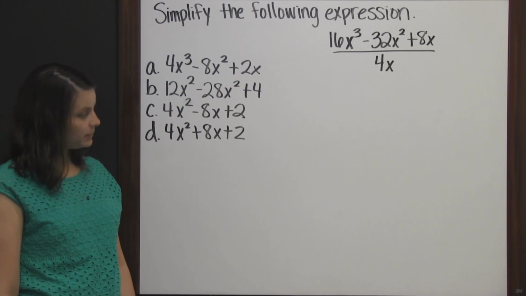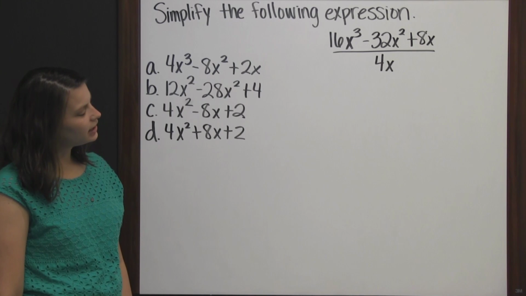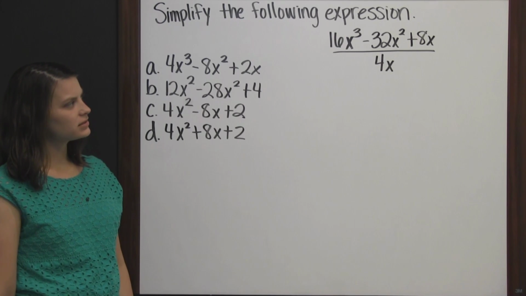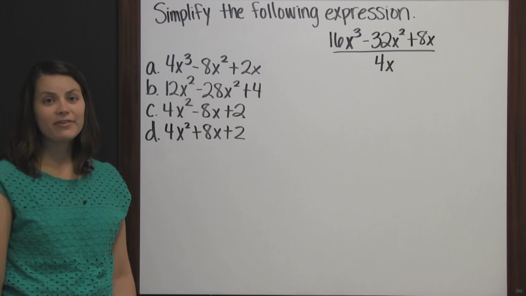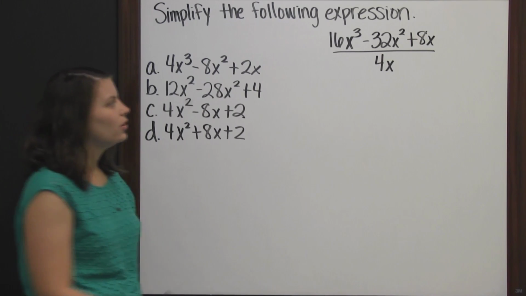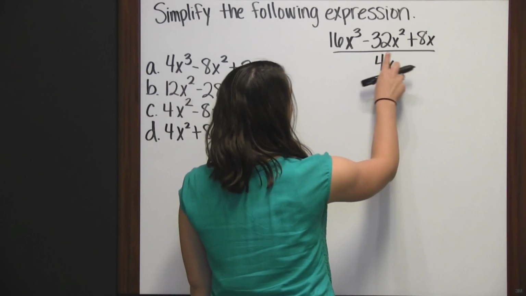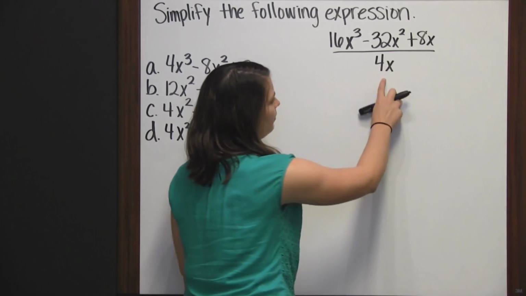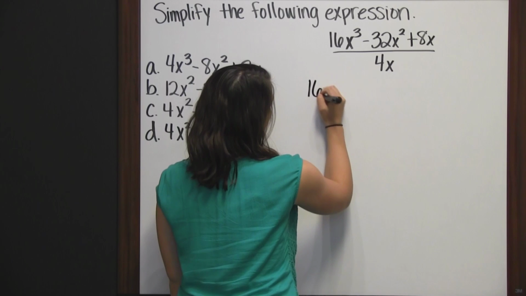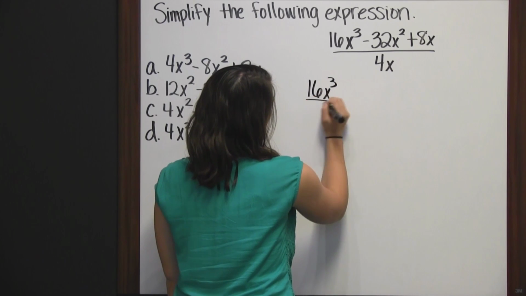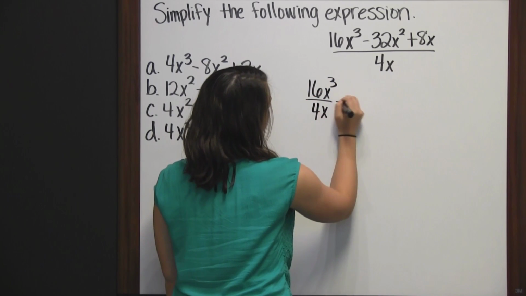Simplify the following expression: 16x cubed minus 32x squared plus 8x, all divided by 4x. We need to divide each one of these terms by 4x. So the first thing I'm going to do is rewrite this as 3 separate fractions.